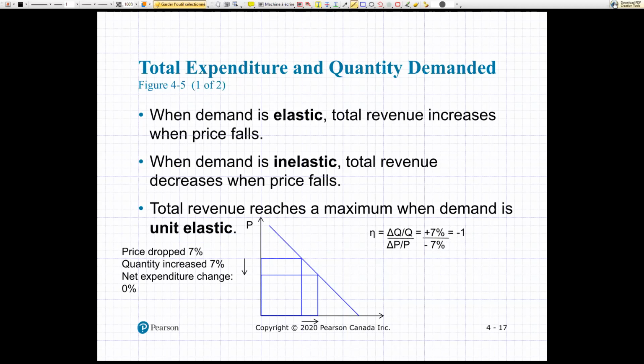Professor, if you want to find eta, you just find the slope of the line? Yeah, you need the slope of the line and you need to know where you are. You need to know P and Q as well.